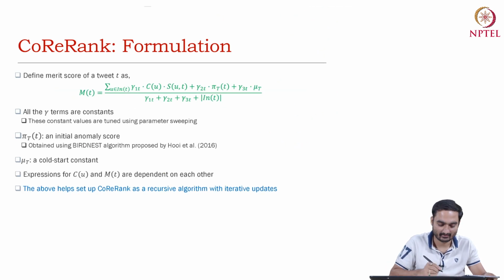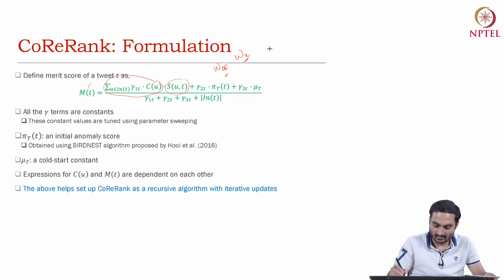Similarly, the merit of a tweet is the sum of the credibilities of all the users who have retweeted the tweet. Okay. Now, remember, this is multiplied by the support, SUT. Support can be WR, WQ, WR is the support for retweet, WQ is the support for quote and so on.